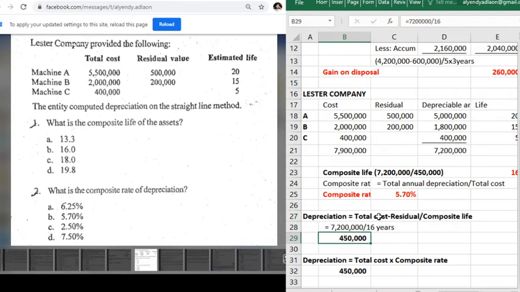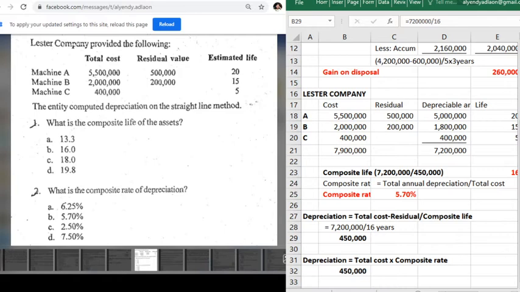So using the composite method, they're all to be uniformly depreciated for 16 years. Okay, and the amount that we get is already the total amount for all the machineries. Okay, so there will be no problem as to the recognition. It will be much easier for us to record the depreciation of the machineries.